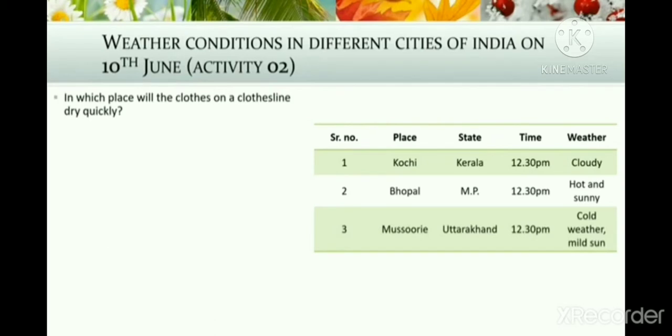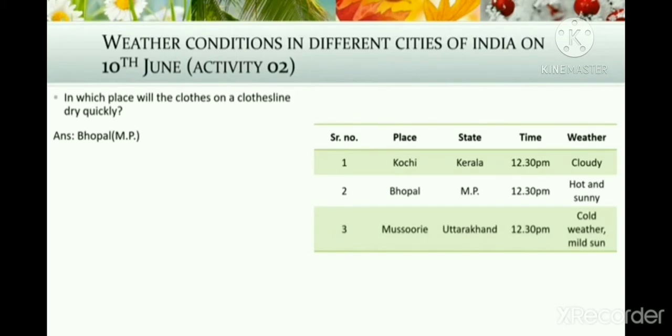According to the table given, we have some questions below. Let's see. First one is, in which place will the clothes on the clothesline dry quickly? A clothesline is a place where we dry our clothes. Suppose some dry them on the terrace, some on the balcony.